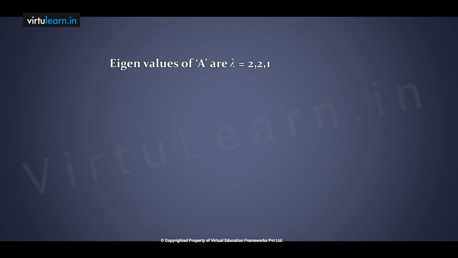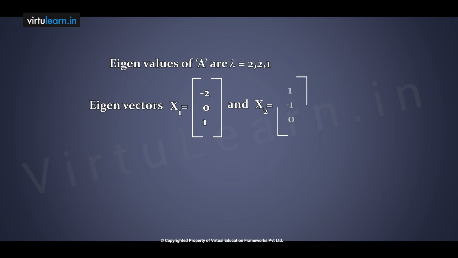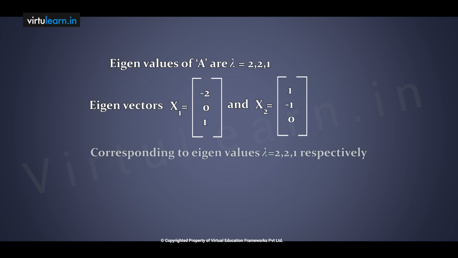Eigenvalues of A are lambda equal to 2, 2, 1. Eigenvectors x1 equal to minus 2, 0, 1 and x2 equal to 1, minus 1, 0 corresponding to eigenvalues 2, 2, 1 respectively. Now one important thing you have to observe: in most of the problems, for the repeated eigenvalues we will get 2 eigenvectors at a time.